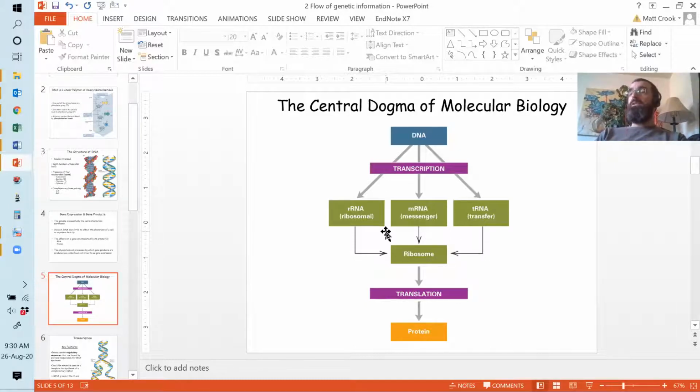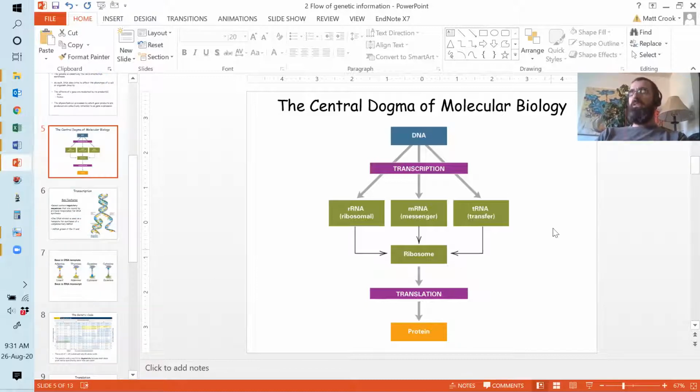Messenger RNA, however, is the one that carries that information to the protein synthesis machinery, the ribosomes. In prokaryotes, that's just floating around in the cytoplasm. In eukaryotes, that's actually outside of the nucleus, so it serves a messenger function too. And then obviously we turn that information in the mRNA into a polypeptide sequence in the protein. So when we talk about gene expression, this is what we're talking about here.